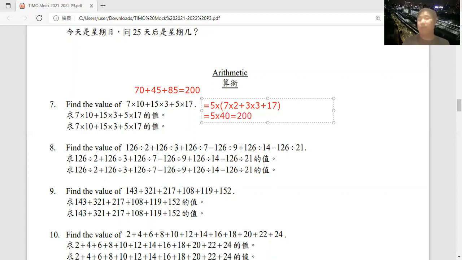Then 5 × 40 is 200. So you just have to take out the 5. Of course, if you are not careful enough, you cannot see there's a 5 in all of them, so you just calculate step by step.